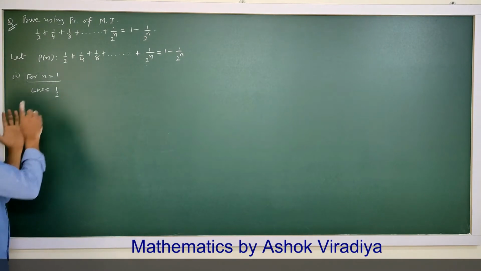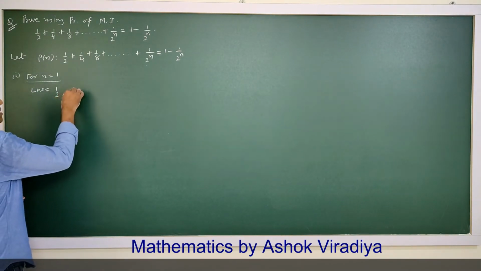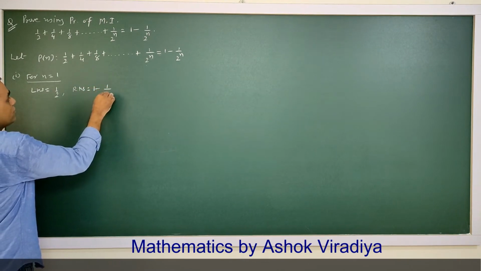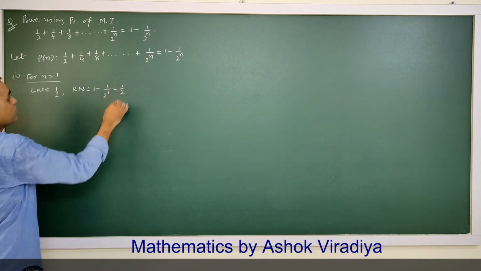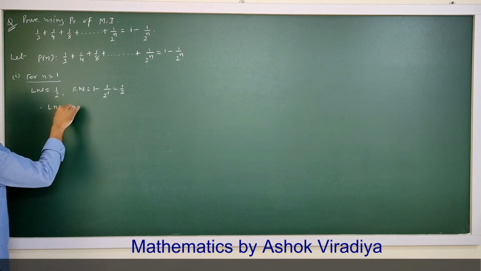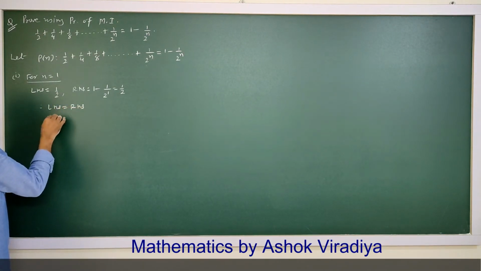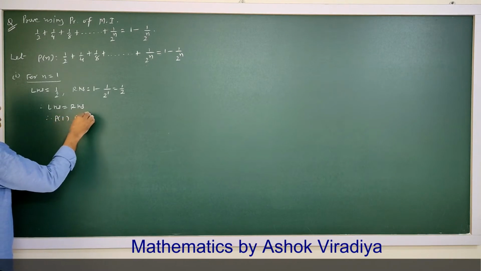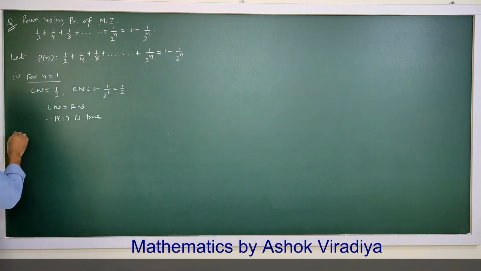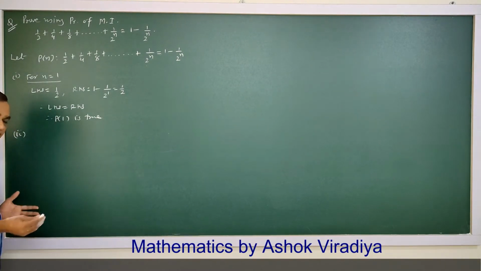1 by 2. RHS is 1 minus 1 by 2, which is 1 by 2. So LHS is equal to RHS. So P of 1 is true. Now the second part, the second condition.